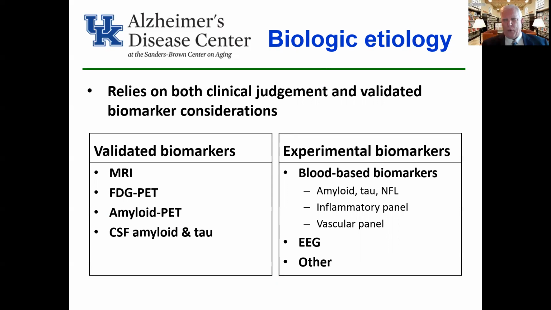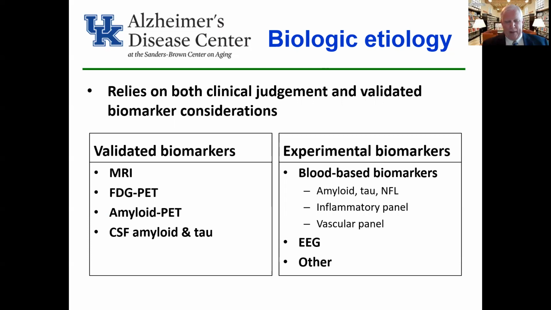We also incorporate in our consensus process other experimental biomarkers that are not yet definitive for an underlying disease state, but may help guide our diagnostic thinking in terms of etiology. Again, not using these to categorize patients as cognitively intact, MCI, dementia, or impaired other, but instead to stimulate scientific discussion. So our blood-based biomarkers could include Alzheimer type proteins or proteins involved in neurodegeneration, such as neurofilament light chain.